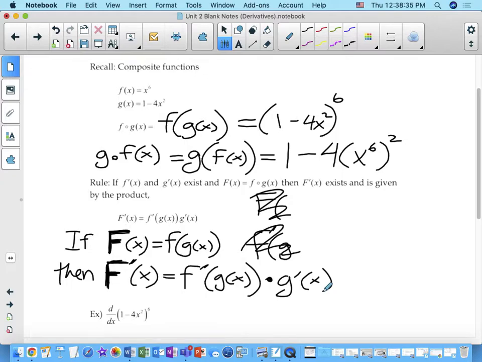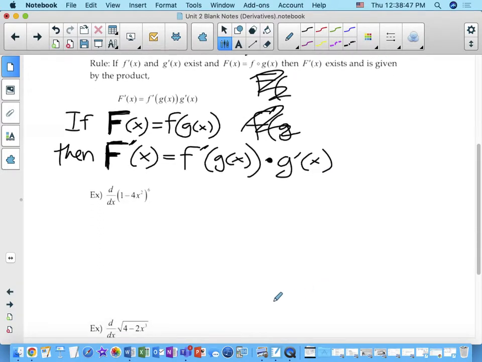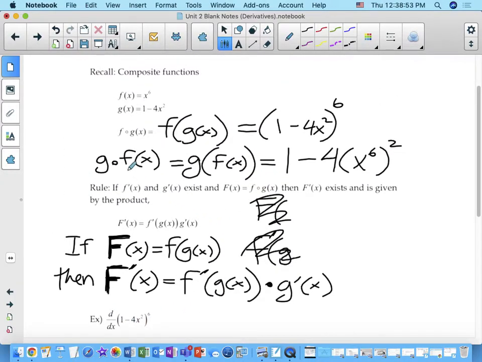Okay, now we're going to do one of these just to see how this whole thing plays out, and then we'll see why this works the way it does. Okay, so let's suppose we're looking for d by dx of 1 minus 4x squared to the 6. So in fact, this is exactly what we found right here.